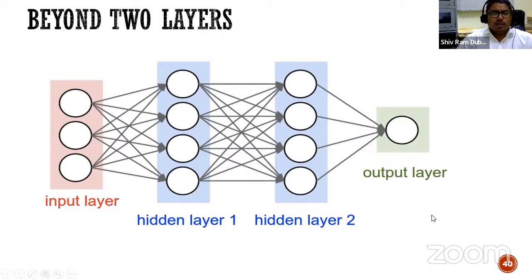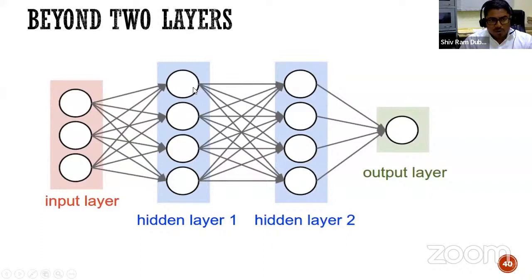Now we can have more than one layer. For example, here we have 2 layers: hidden layer 1 and hidden layer 2. The only difference is this new layer, and any neuron in it receives inputs from all the neurons in its previous layer.